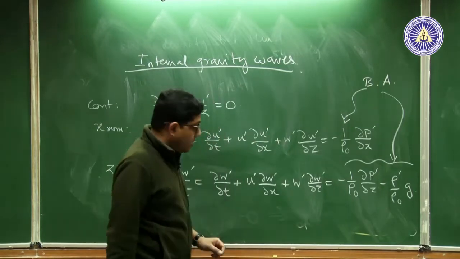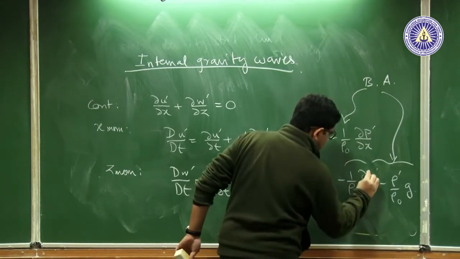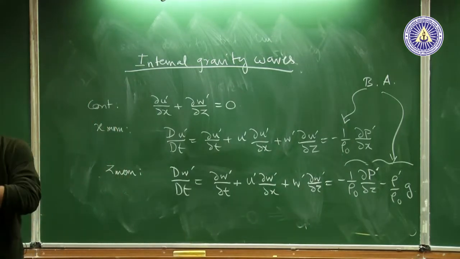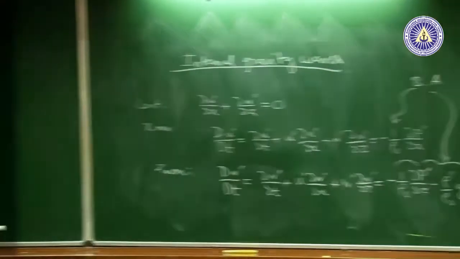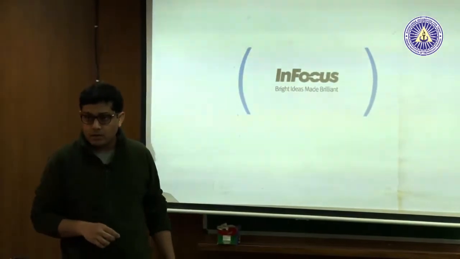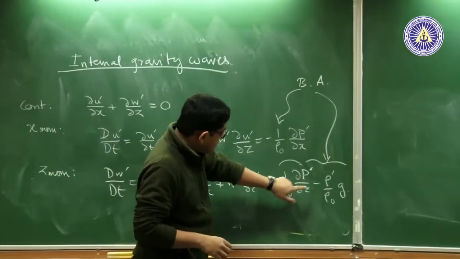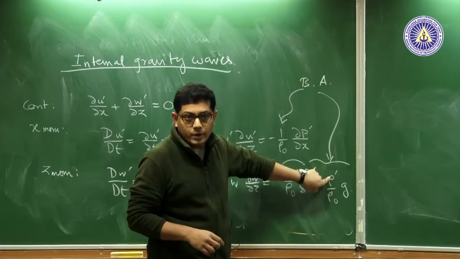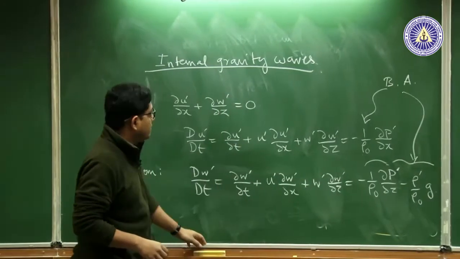So, my rho prime and p prime are looking very similar. You have done this about a background state that is hydrostatic. Just like what we did in the last class, and this is what your Boussinesq approximation is. When it is multiplied by g, you keep rho prime, but here you have thrown it away, and that is what the rho 0 is.